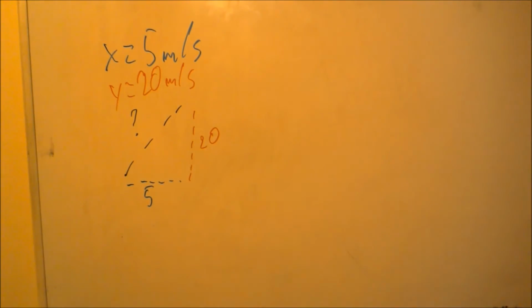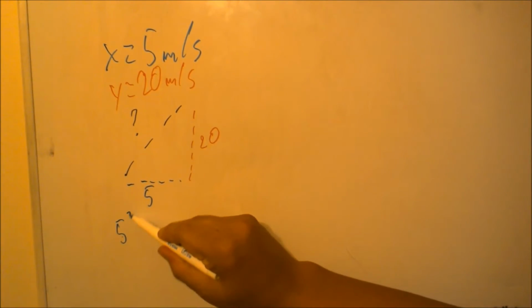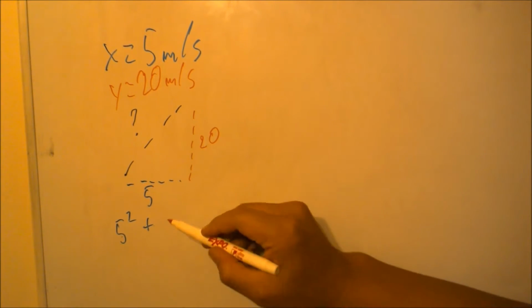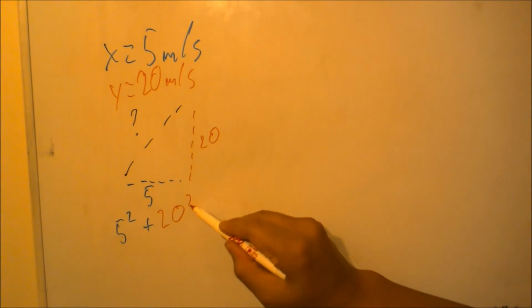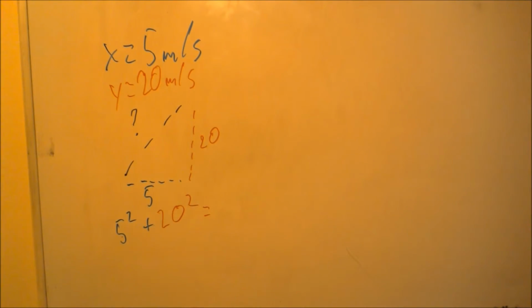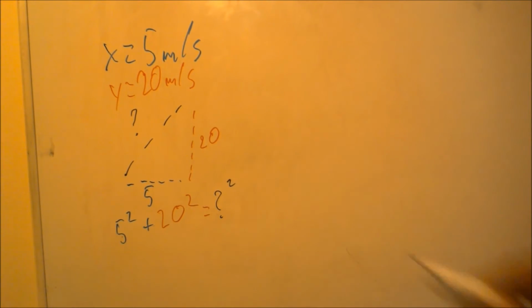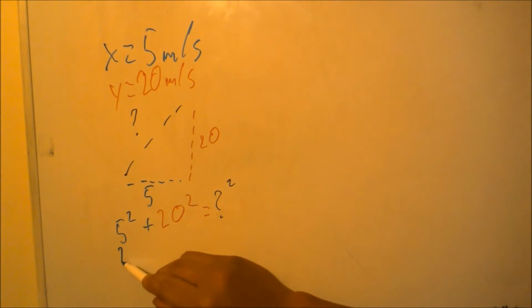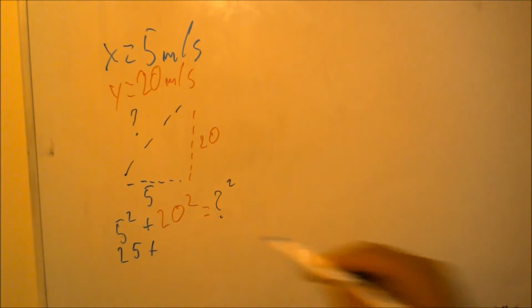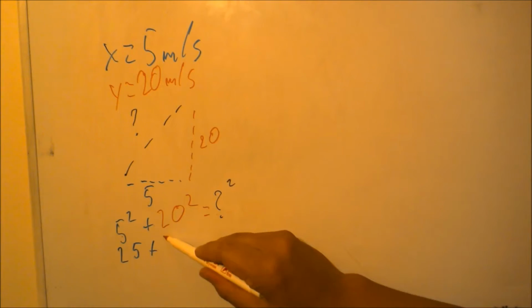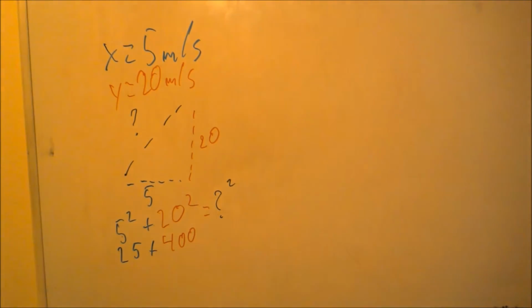This is really simple because we'll be using the Pythagorean theorem. So 5 squared plus 20 squared is equal to vector squared. So 25 plus 400 is equal to what?